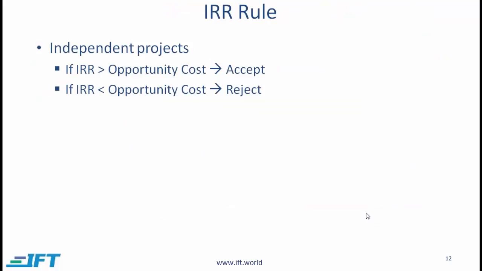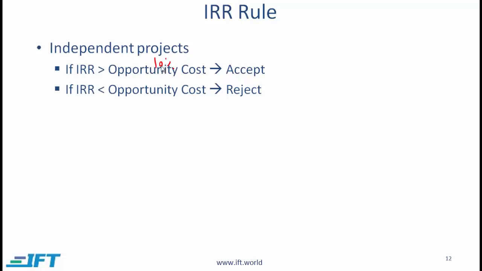Just like there is an NPV rule, there is also an IRR rule. For independent projects where you are simply making a yes/no decision on a given project independent of all other projects, if the IRR is greater than the opportunity cost, then you accept the project. The way you can think of this is, your opportunity cost might be 10%.